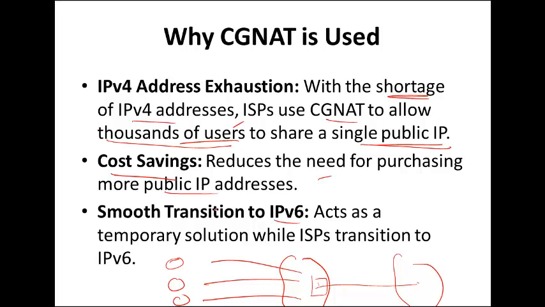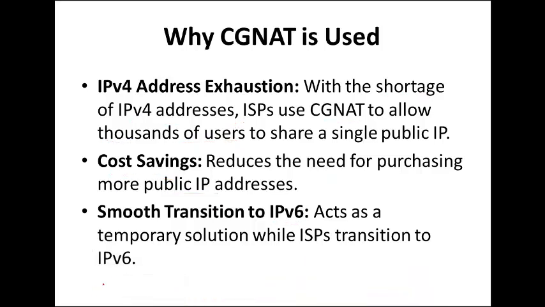I need to give connections to new customers. I cannot say to a customer I don't have an IP address, then I lose my revenue. Till I completely migrate to IPv6, I need to manage with IPv4. So we need CG NAT.